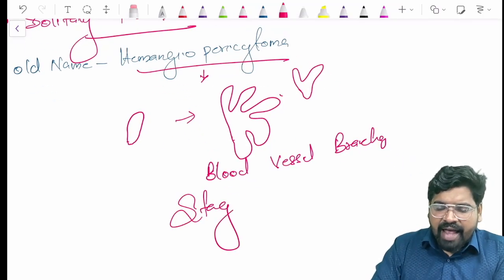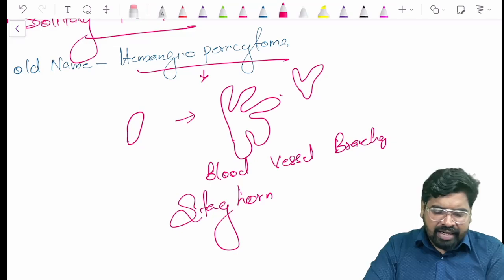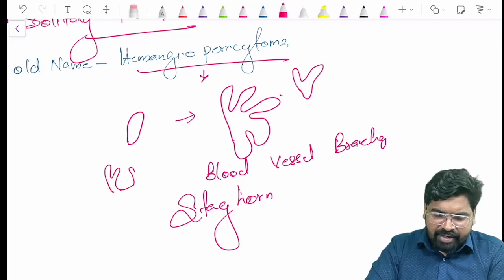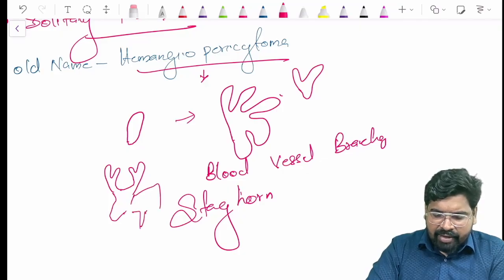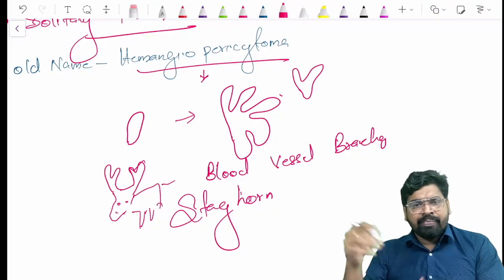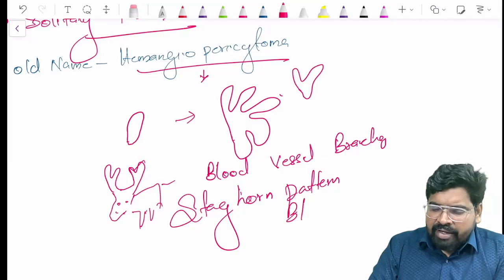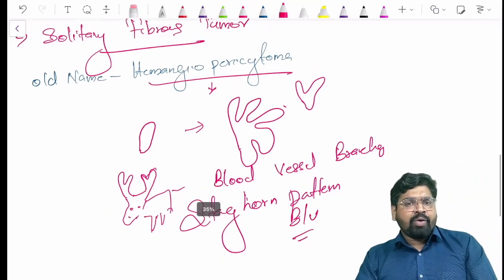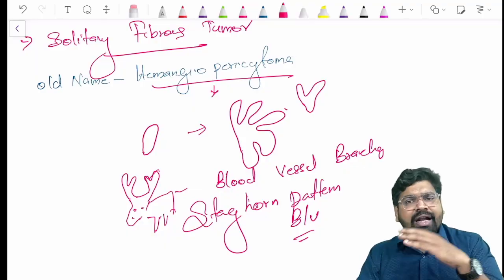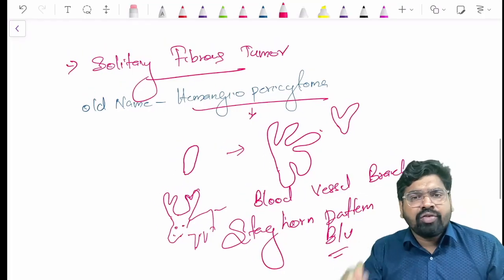You may have seen a stag. Stag is an animal, just like a deer. You have seen the reindeer, its horn like this, right? Imagine this is a stag, an animal. Smiling face, and see the horn. Stag horn pattern of blood vessels is seen in hemangiopericytoma. But that hemangiopericytoma is now replaced by solitary fibrous tumor, SFT.